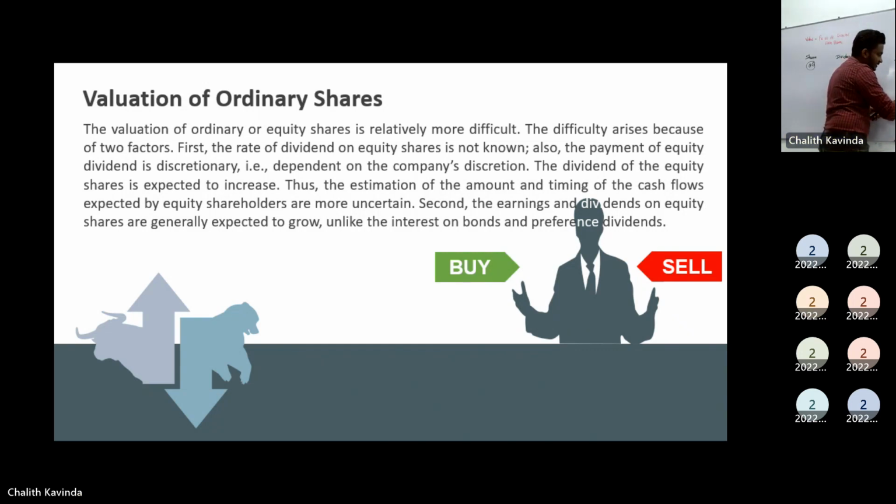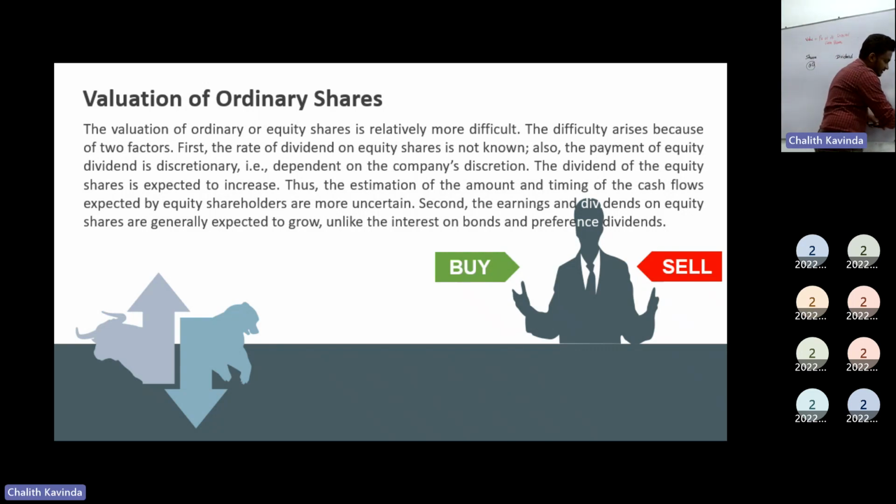Selling price is 15 rupees. What is the difference? 5. What is the name that we are using for that difference? It's simply profit, but in terms of shares, we call it capital gains.